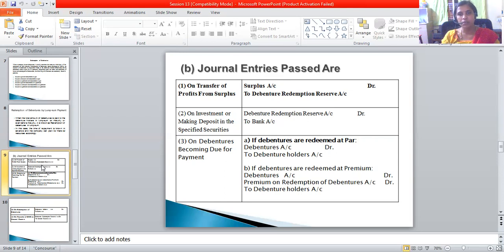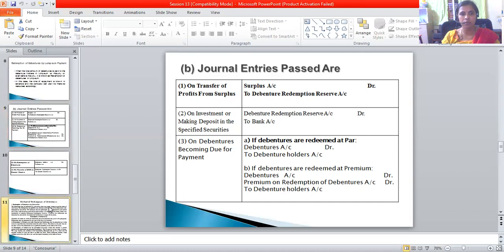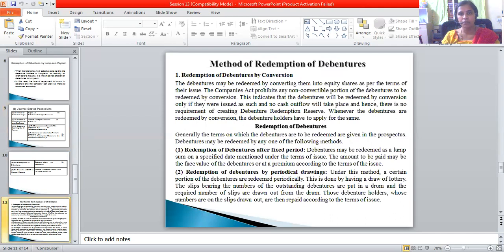On investment: Debenture Redemption Reserve Investment Account debit to Bank Account. When redeeming at par: Debentures Account debit to Debenture Holders Account. If paid at premium: Debentures Account and Premium on Redemption of Debentures Account debit to Debenture Holders Account. These two amounts added up give the amount payable to the debenture holders.